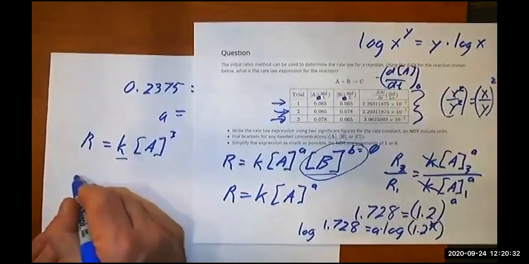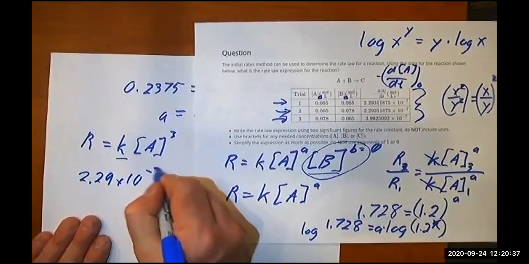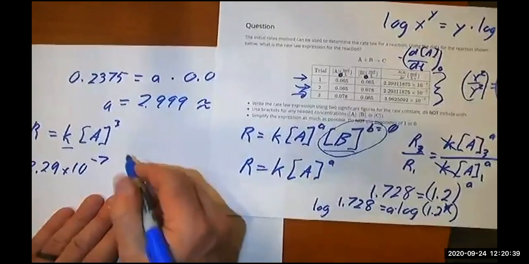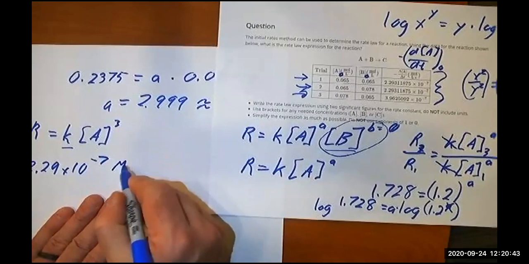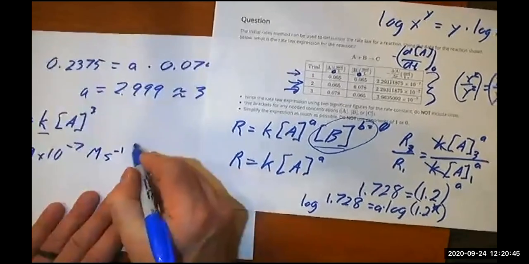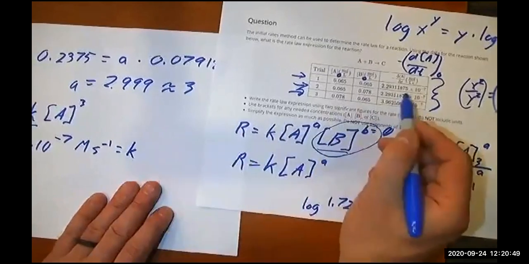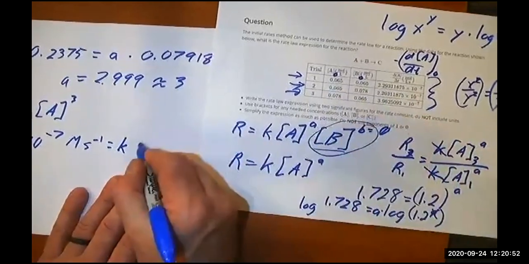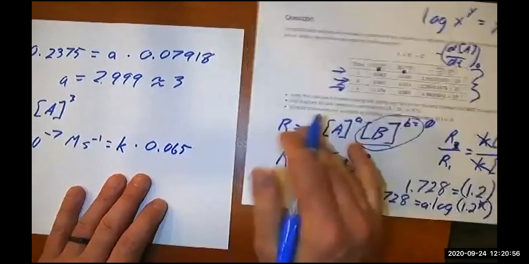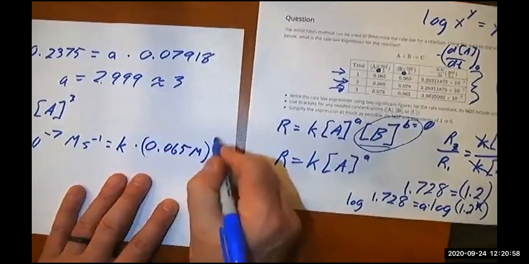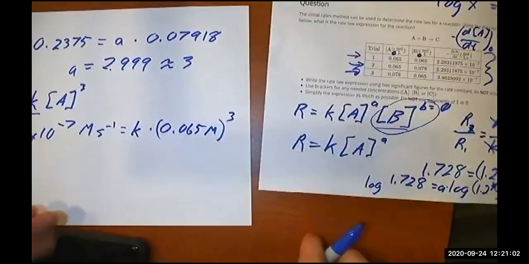So it would be something like 2.29 times 10 to the negative 7, and that's in units of molar per second, equals K times the concentration of A, so I'm doing the first one, times 0.065 molar to the third power. So we raise that to the third power, divide.